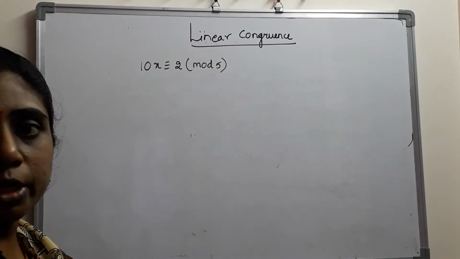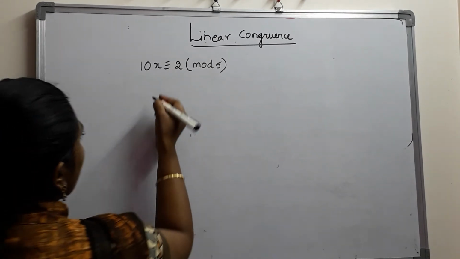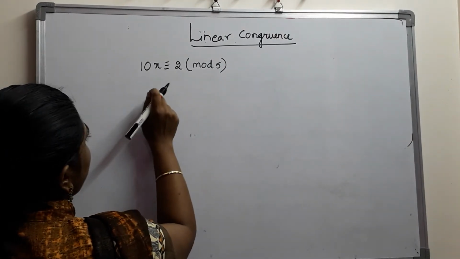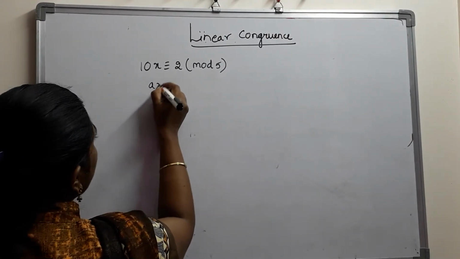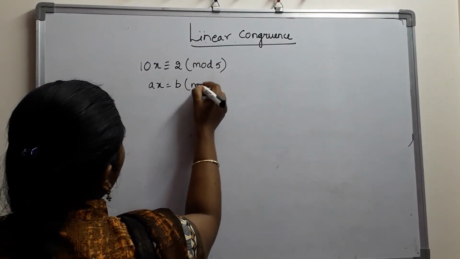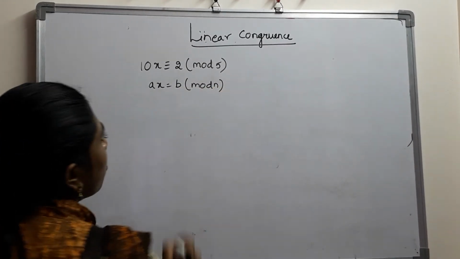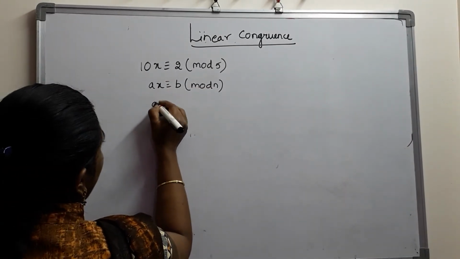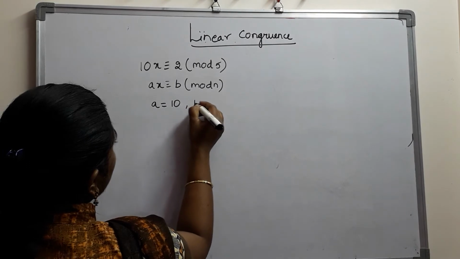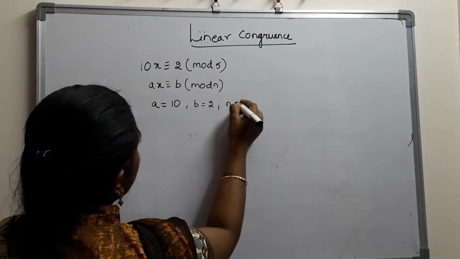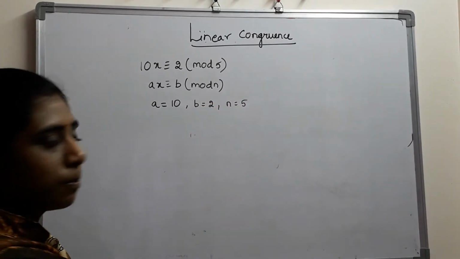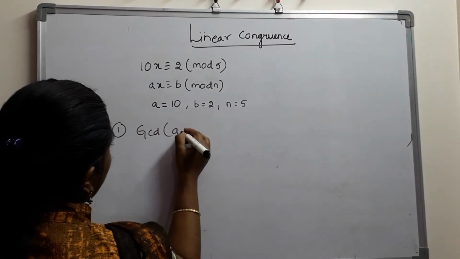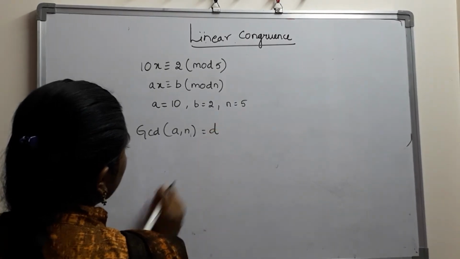This is similar to the general format Ax is congruent to B mod n. So the A value is 10, B value is 2, and n value is 5. Now coming to the first step, the GCD of A comma n is equal to D.